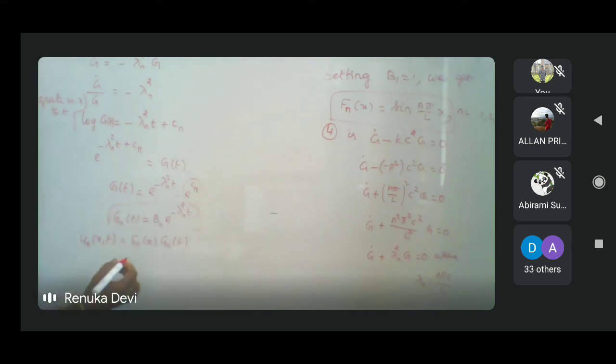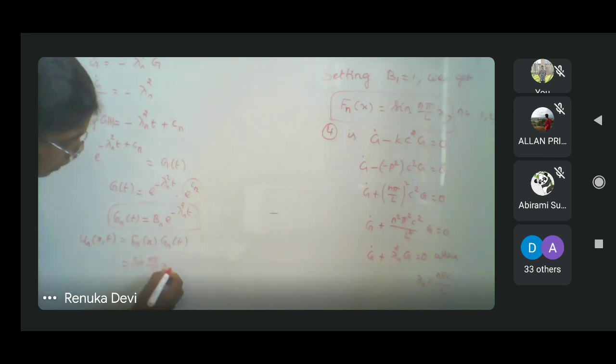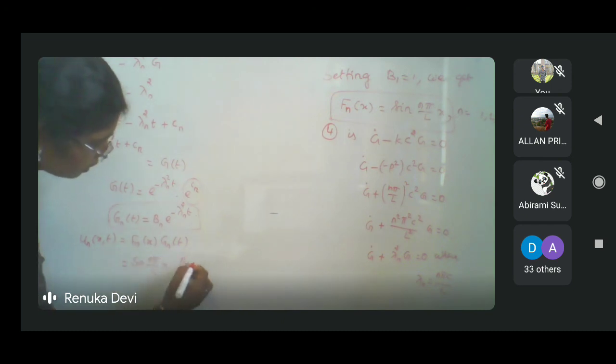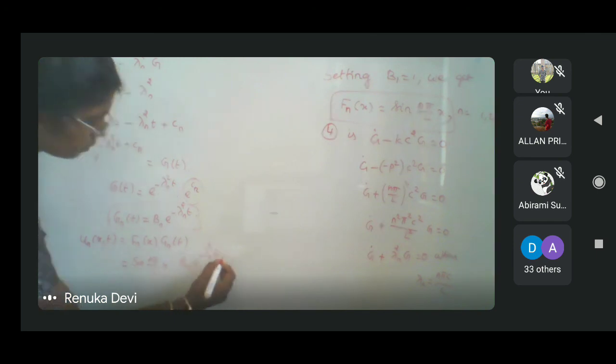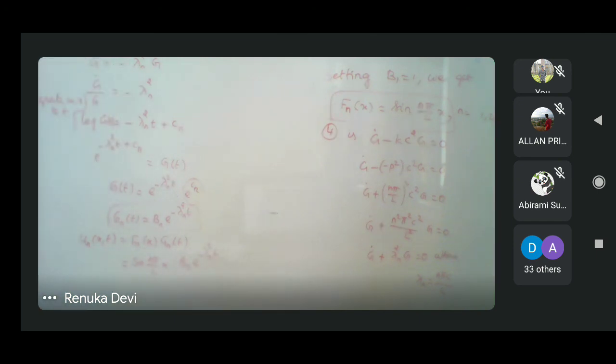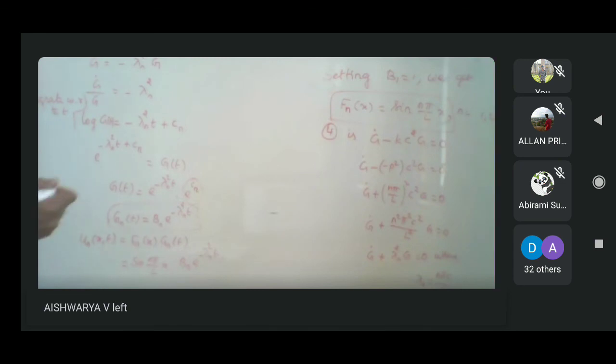So this is sine n pi by l x into bn e raised to minus lambda n square t.